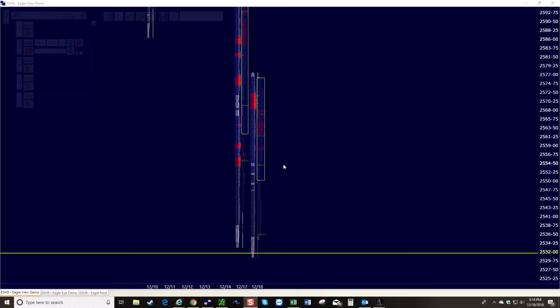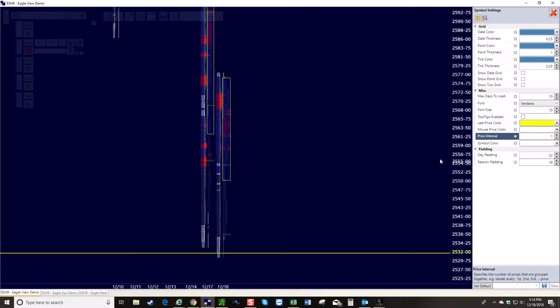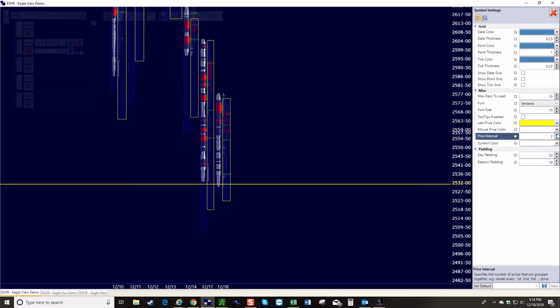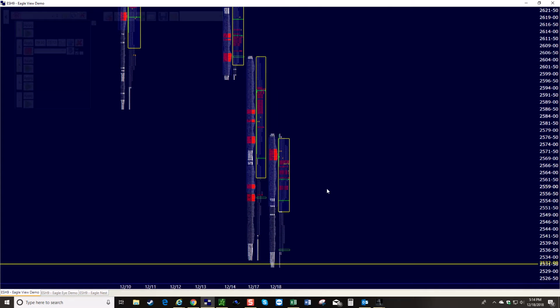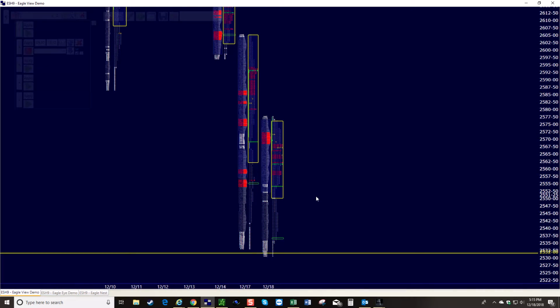Let's take a look at the profile. Let me adjust my interval because the range is pretty big. So let me just shrink the range so that we can incorporate it and get a feel for what's happening. We have what I call a reverse P formation.